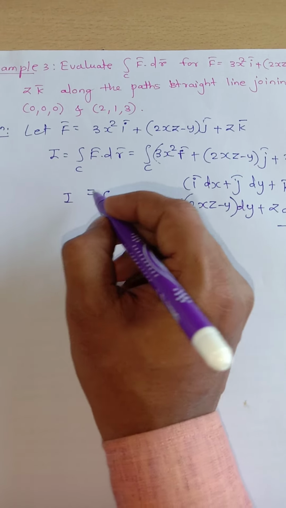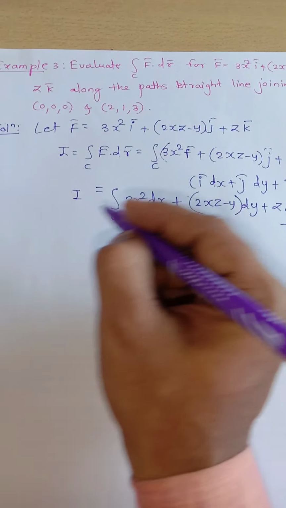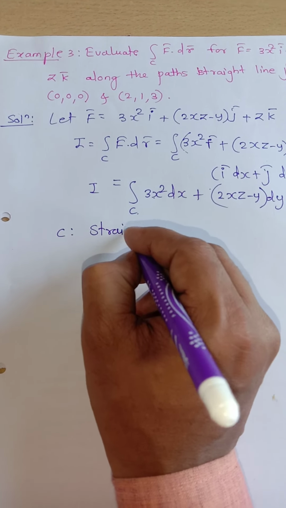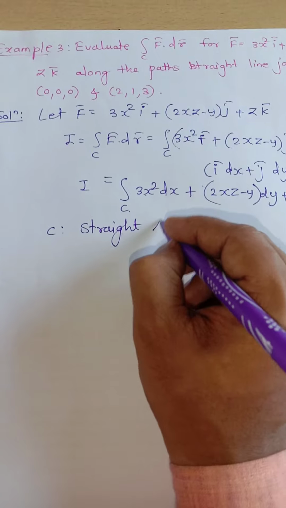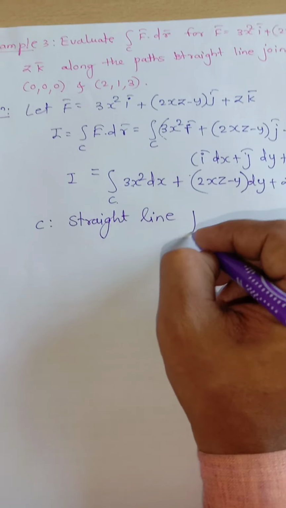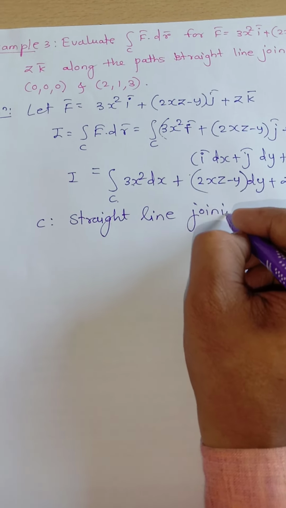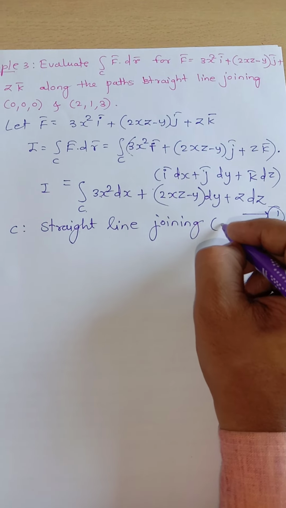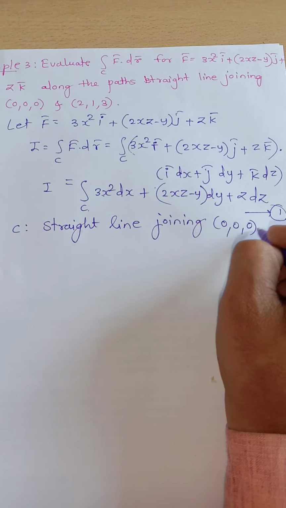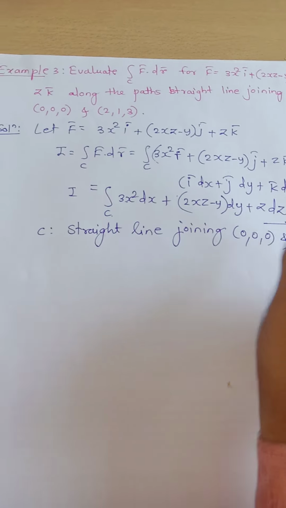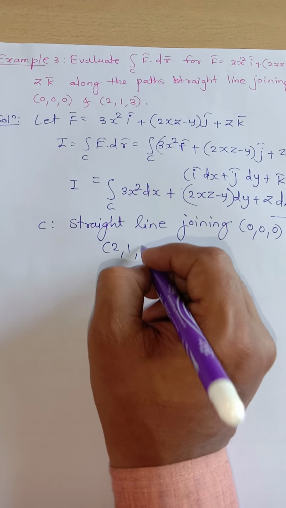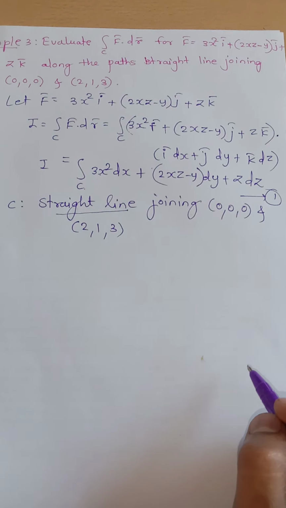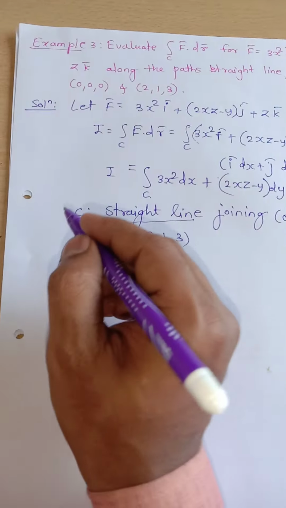Now we have to evaluate this integral over a curve C, which is a straight line joining the points 0, 0, 0 and 2, 1, 3. So the path is a straight line joining the points 0, 0, 0 and 2, 1, 3.